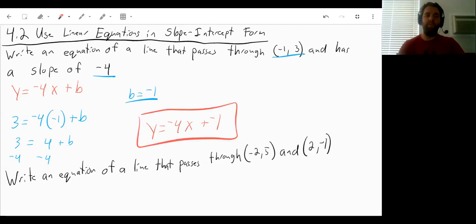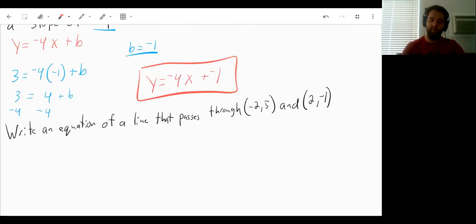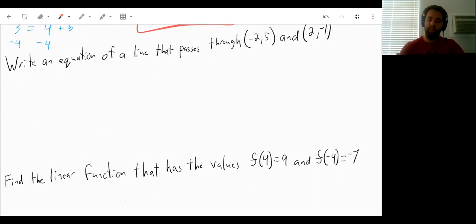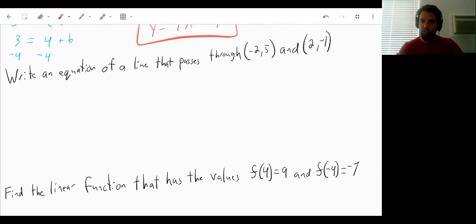Let's try another one, but this time it's not going to give us a slope. So this time we need to write an equation of a line that passes through negative 2, 5 and 2, negative 1. Well, the nice thing with this is we can still figure out what the slope is. So let's just use our slope equation of y2 minus y1 over x2 minus x1.